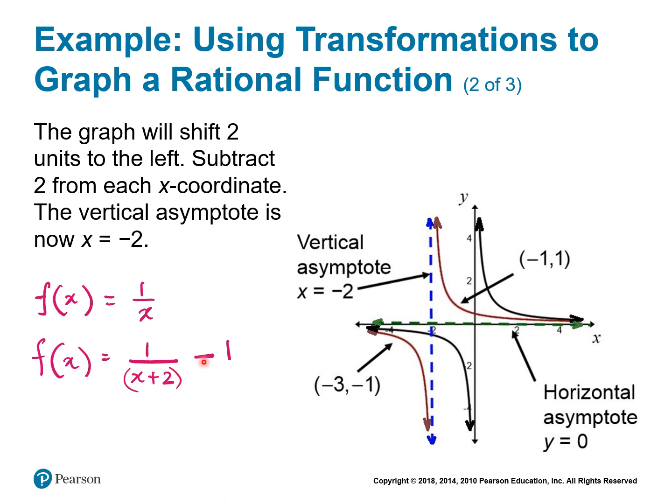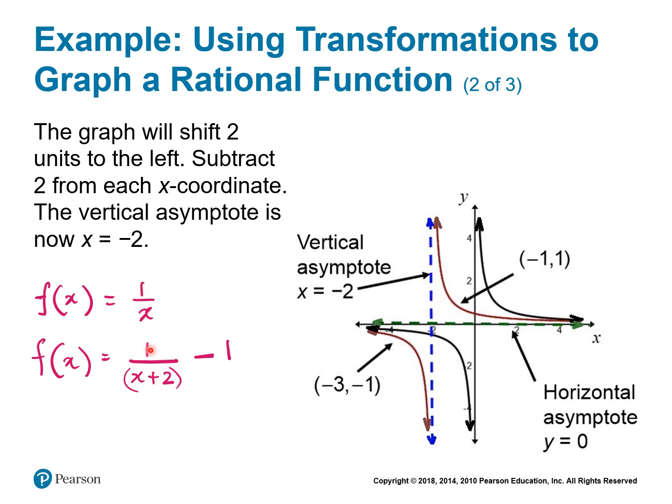Let's go through this example on transformations and actually draw the graph. So the basic function was f of x equals 1 divided by x, right? That's the basic rational function. This here, 1 divided by x plus 2, minus 1, is the transformed form of 1 divided by x.